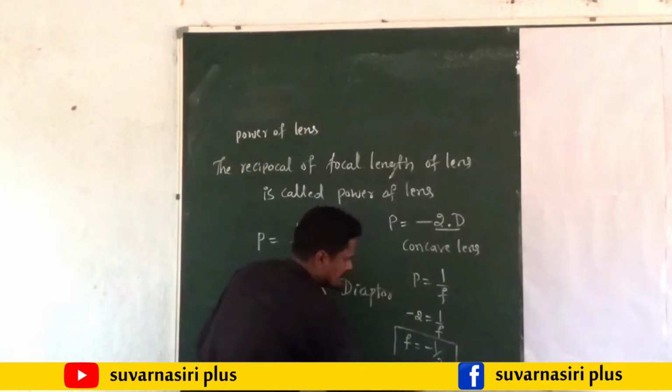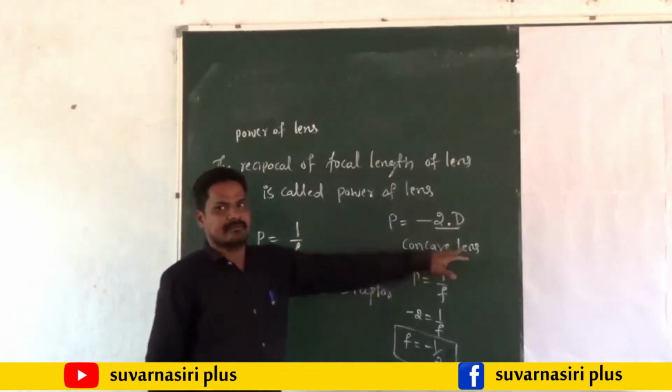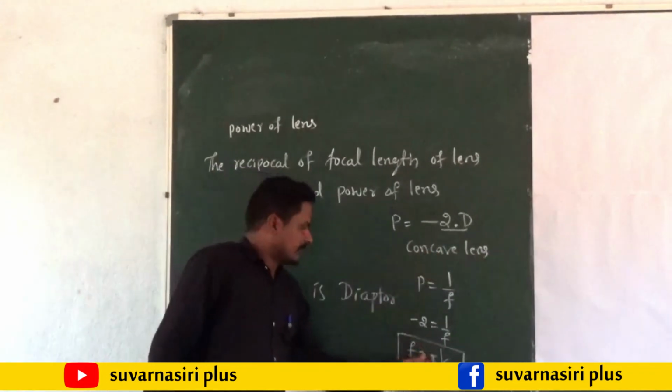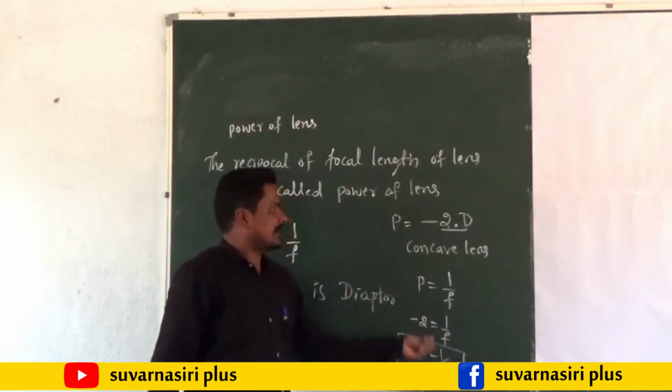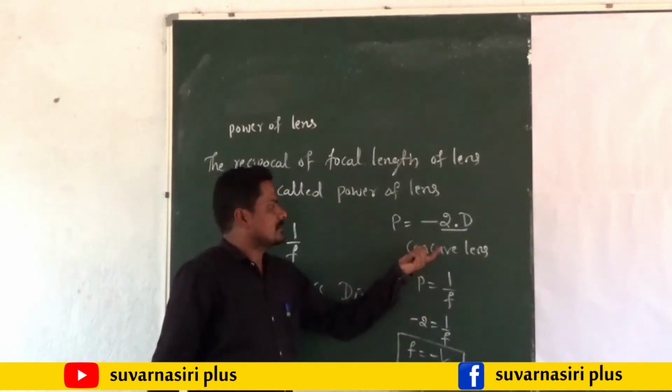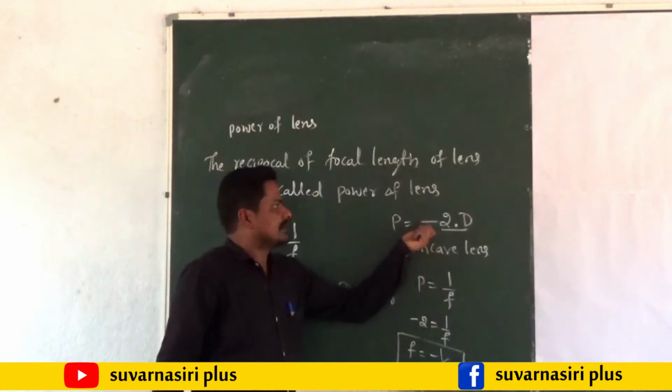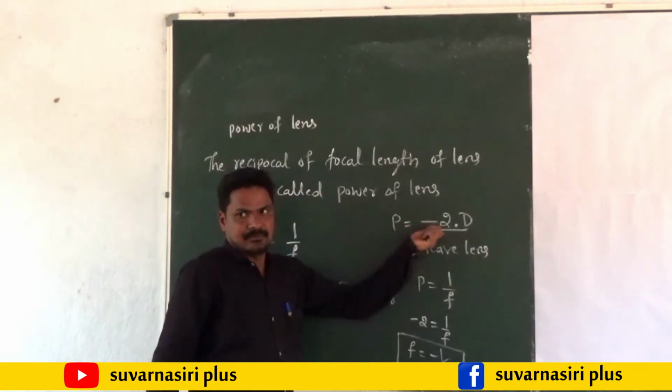So in the case of concave lens, the focal length is negative. So that's why concave lens power is negative.